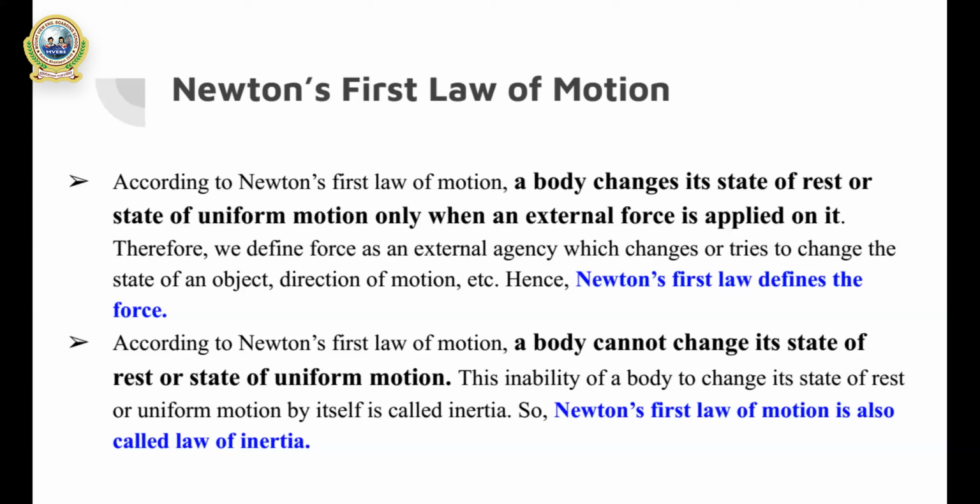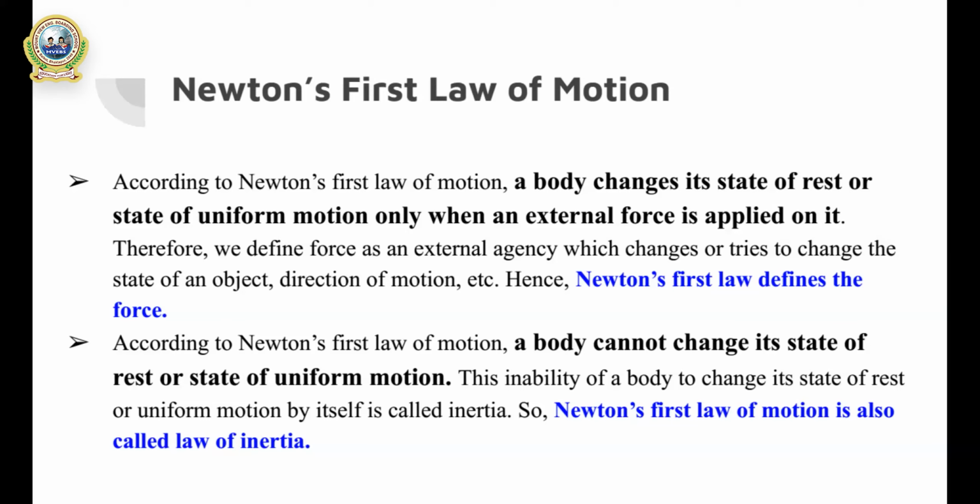If you go to the second sentence, it talks about inertia. Here, a body cannot change its state of rest or state of uniform motion, and this is the inability.